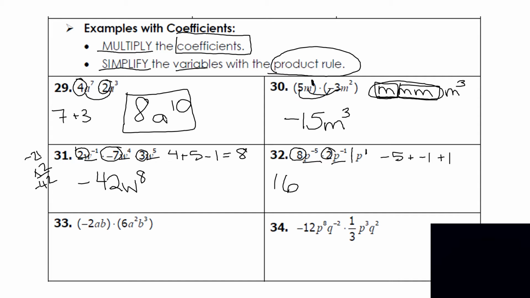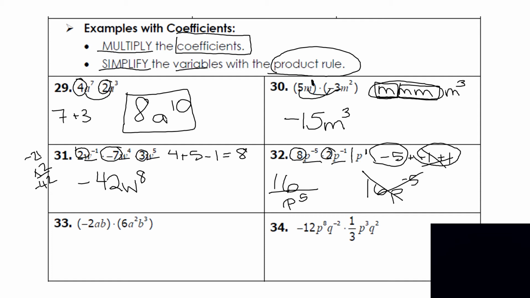Looking here, -1 plus 1 cancels out, so the exponent I'm left with is a negative 5. If you remember, you can't have negative exponents, so I have to send it to the bottom. So this becomes p to the 5th. If you have 16p to the -5, this is incorrect.